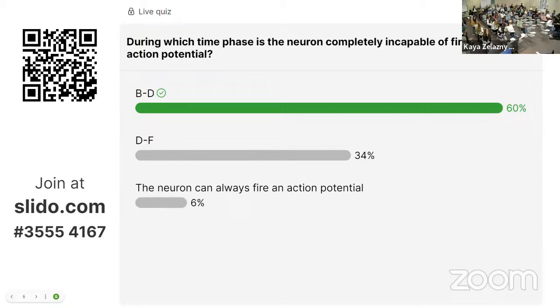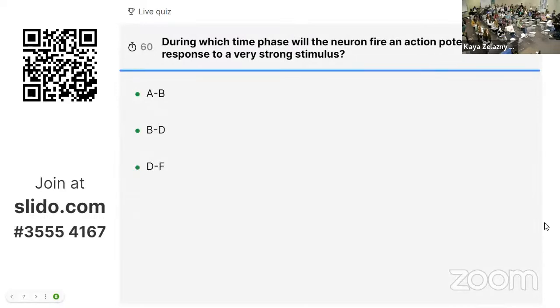So that's our absolute refractory period during the main part of our action potential. Which leads us into the next question. We have a time phase where our neuron can fire an action potential, but only if a really strong stimulus comes in, stronger than usual.